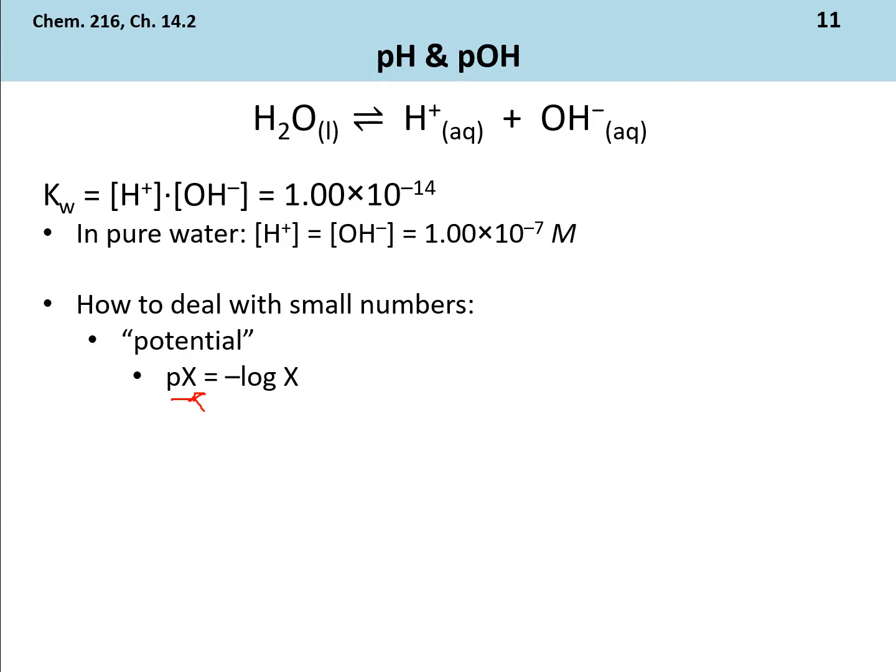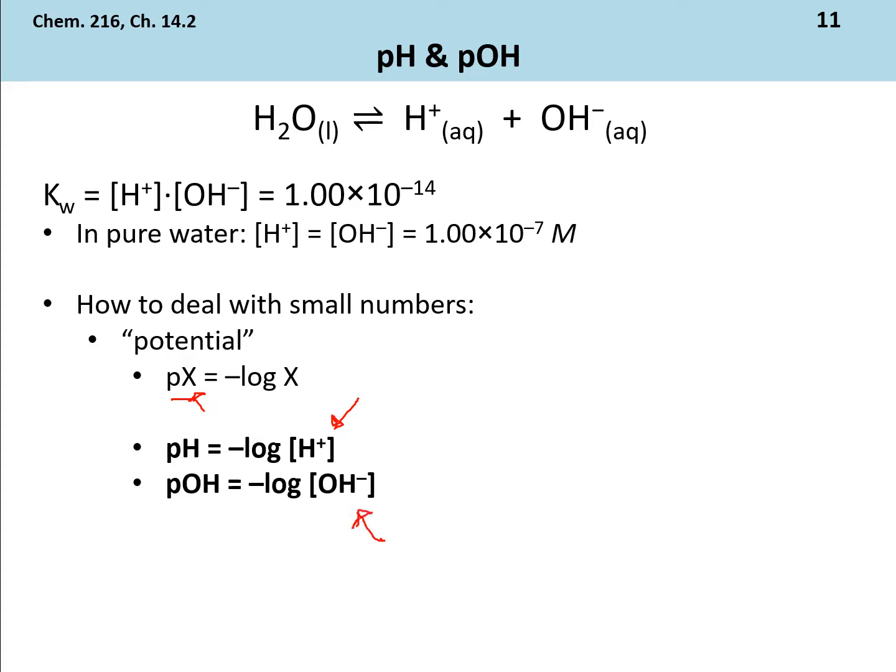We all know one of these, and that's pH. pH is the negative log of the H plus concentration. We use this all the time in chemistry. We say something's an acid or a base based on its pH. We'll talk more about that. We also have something similar called pOH.